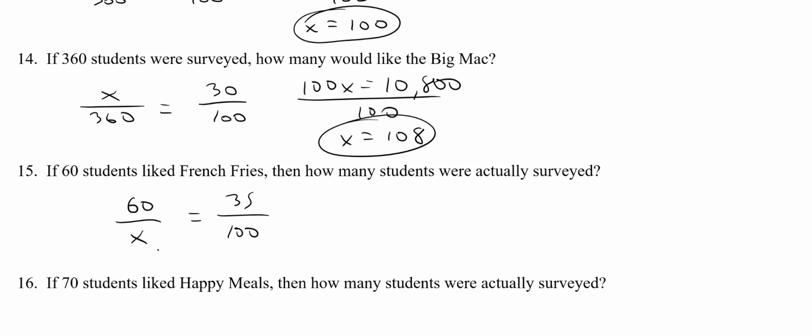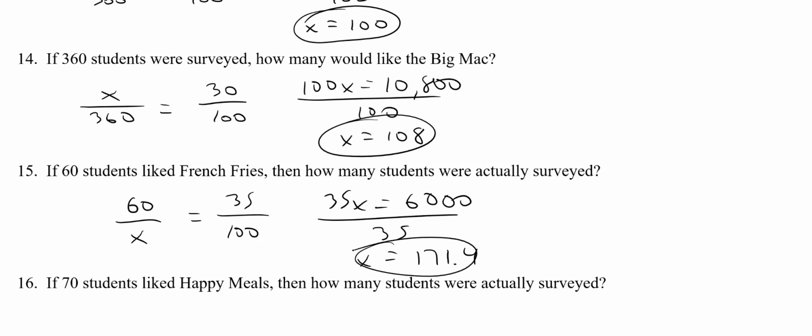So that's why you're looking for the number surveyed there. So you cross multiply, you get 35x equals 6,000. Then you divide by 35. So x comes out to be 171.4. So you'd round to 171 because you can't have 0.4 of a person. Doesn't make sense. Okay, but that's fine.